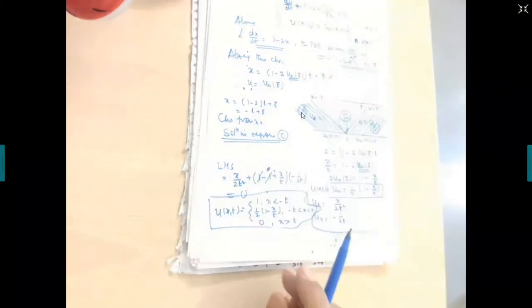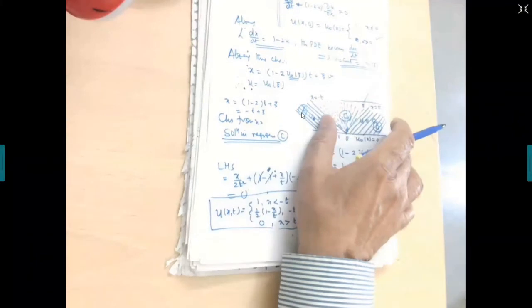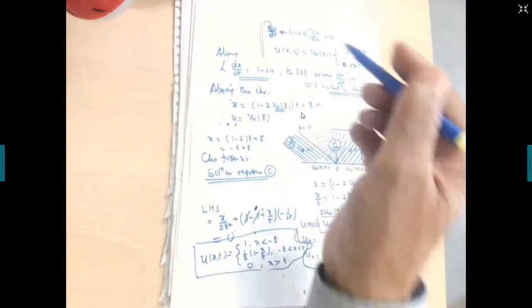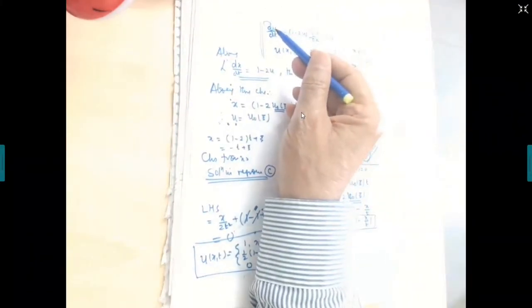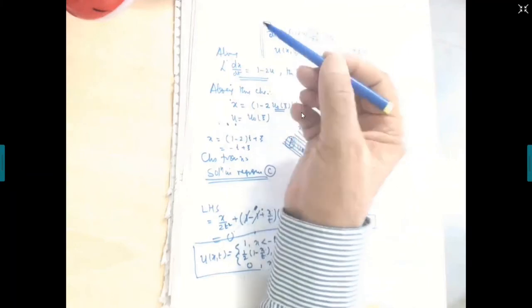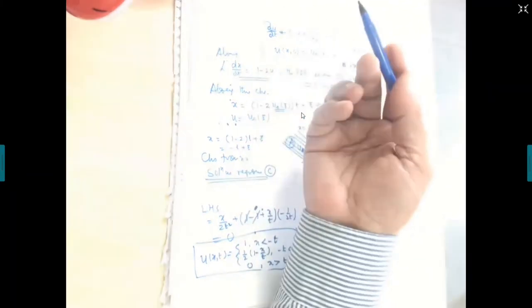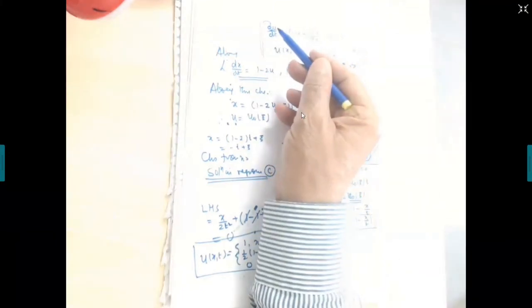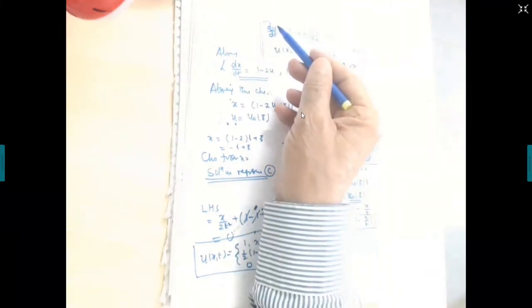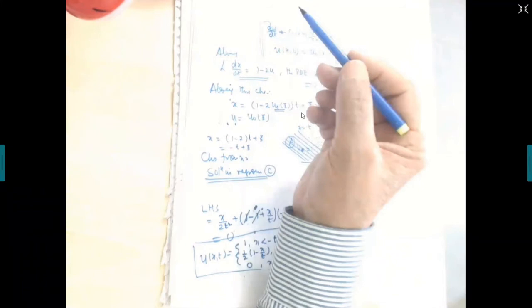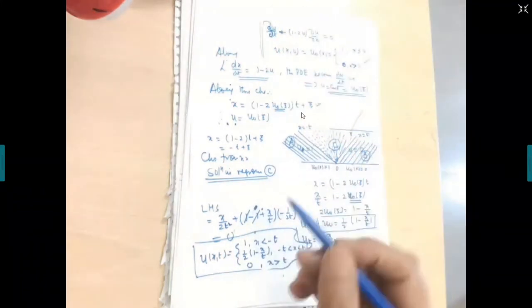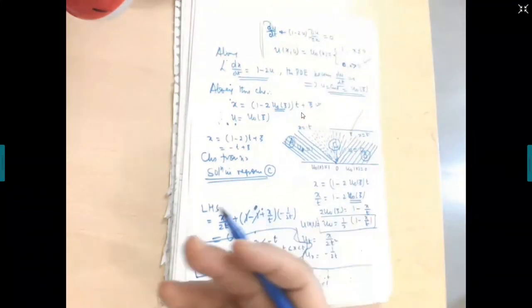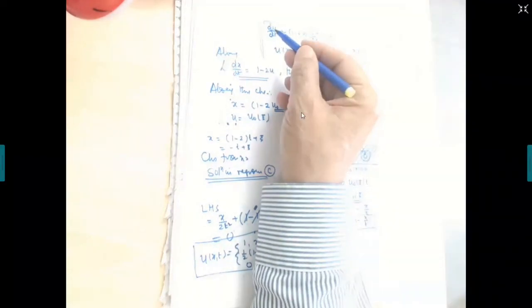U is taken here as the density of the traffic. Assume that you see on a road, cars are running, and U is the car density. Car density means the number of cars per unit length, maybe in 1 kilometer. So this is the density.